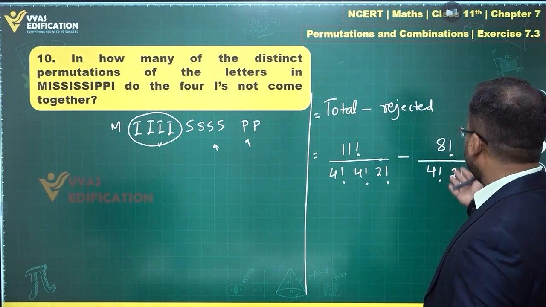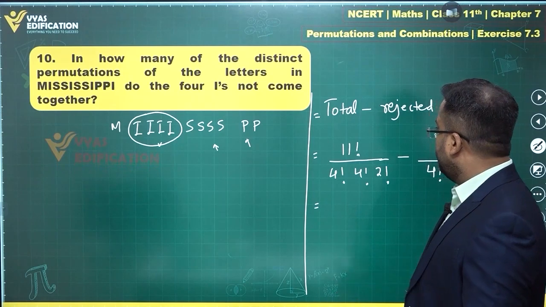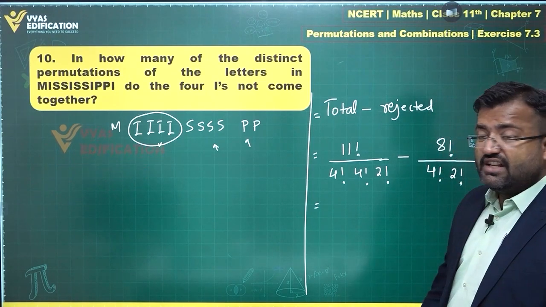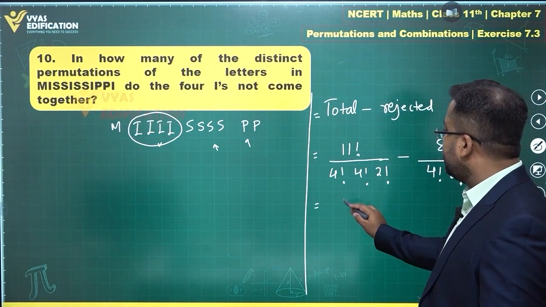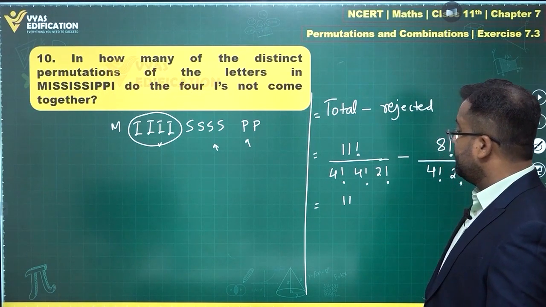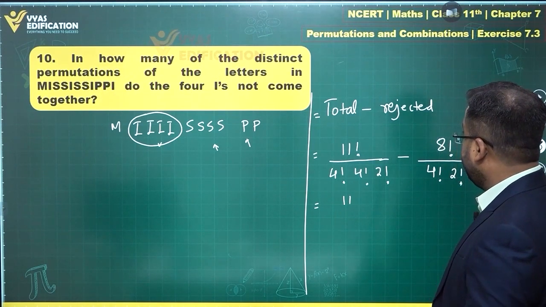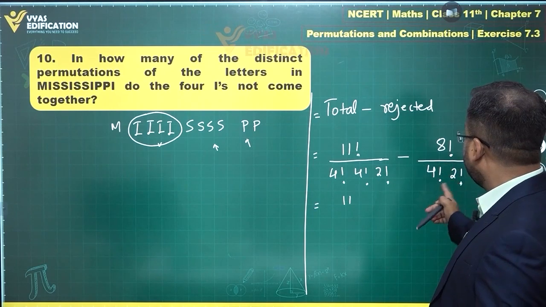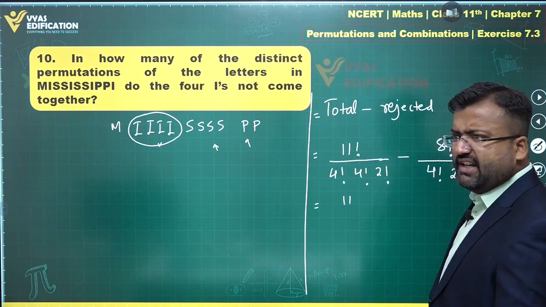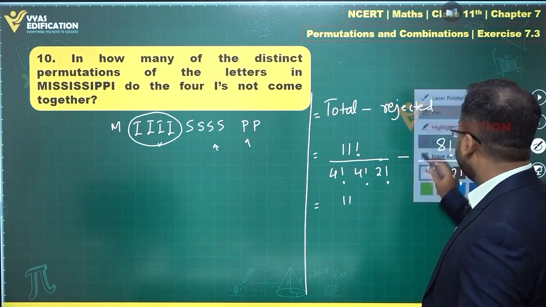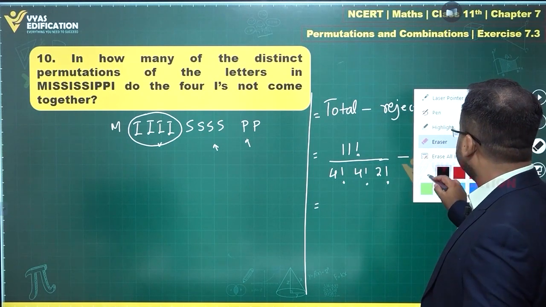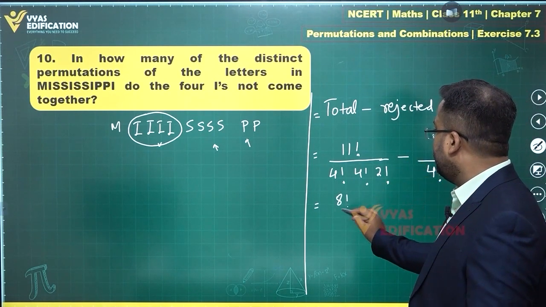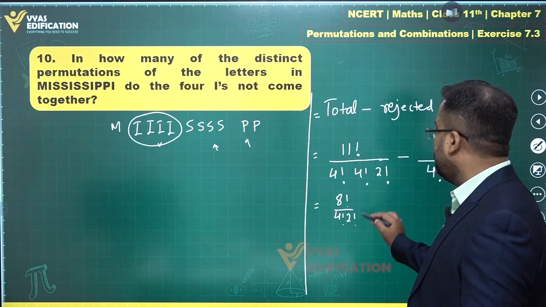11 factorial upon this, minus this and this. So let's see where that takes us. This number, 11 factorial, will be pretty huge. 8 factorial over 4 factorial, 2 factorial can come out common. Let's bring that common. We'll have 8 factorial over 4 factorial, 2 factorial coming out common.